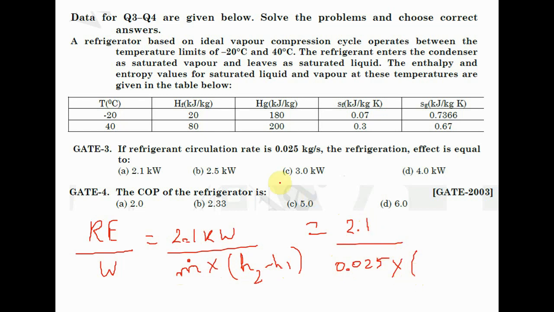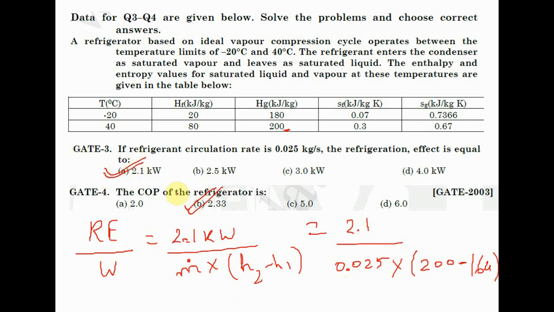H2 will be the saturated vapor enthalpy corresponding to 40 degrees Celsius, that is 200, so 200 minus H1, which you have calculated as 164. If you solve this, 0.025 times 36 gives 0.9, so it is 2.1 divided by 0.9, that is equal to 2.33.